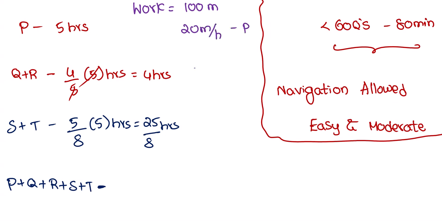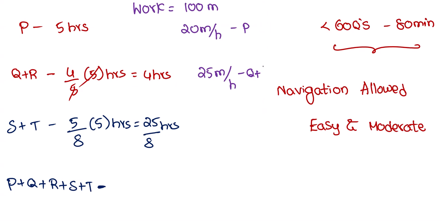100 meters in 5 hours means 20 meters per hour by P. 100 meters in 4 hours means 25 meters per hour done by Q and R together.